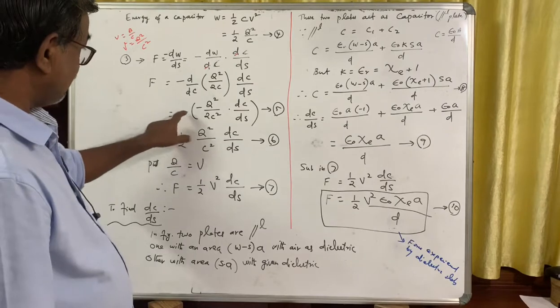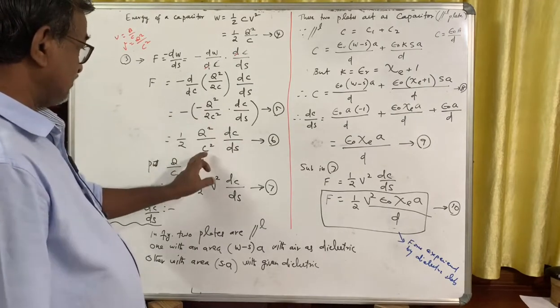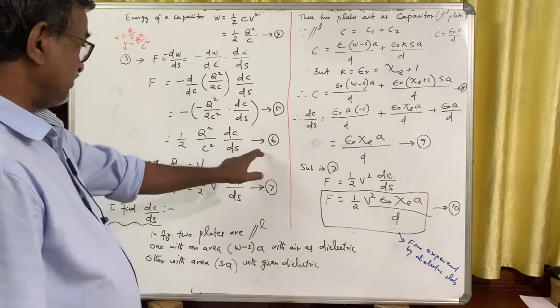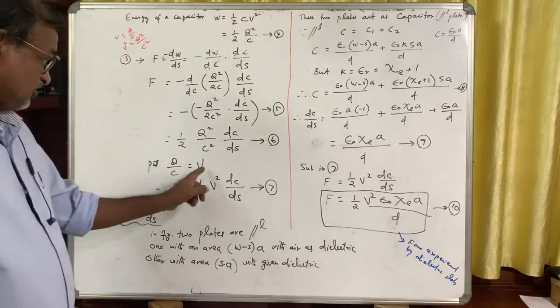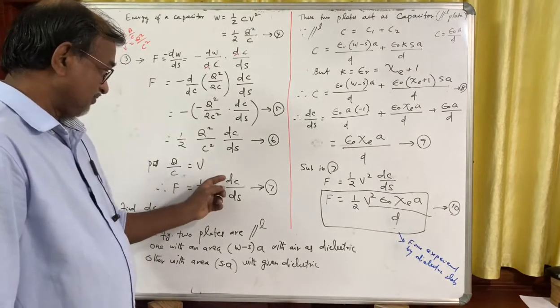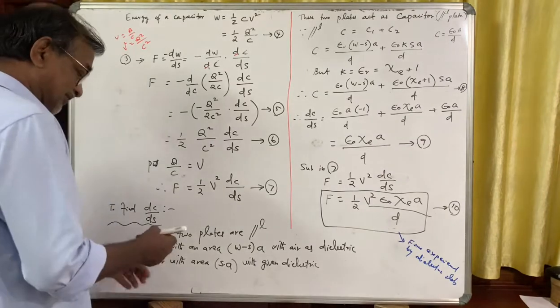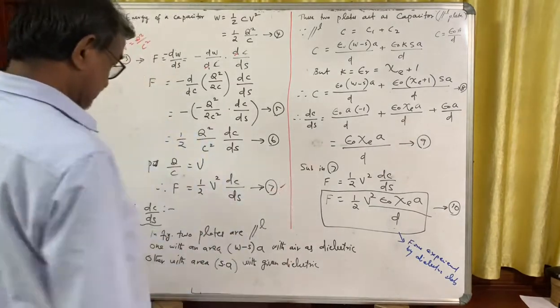The half is taken outside, minus into minus is plus, so half Q square by C square into dC by ds, equation number 6. Put Q by C as V again. So F is equal to half V square dC by ds, equation number 7.